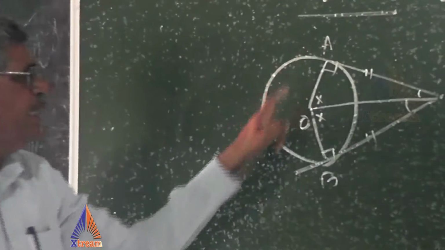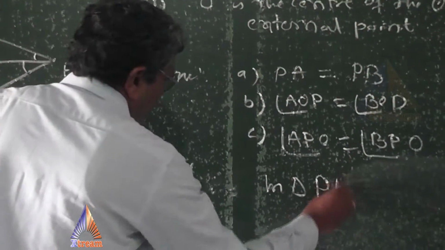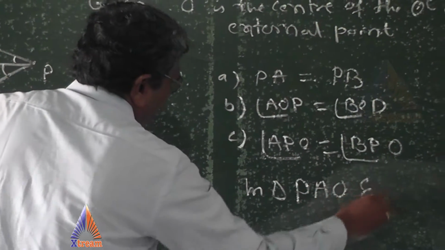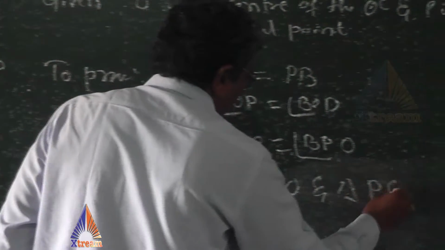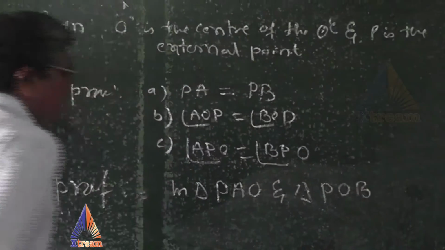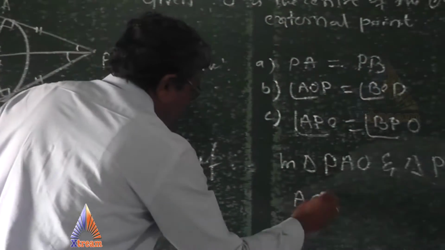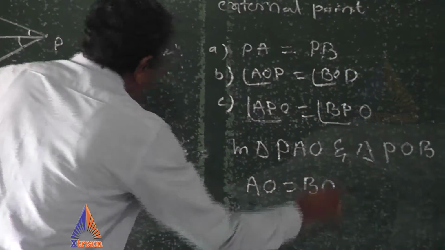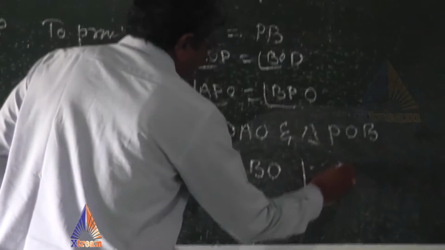In triangle PAO and triangle POB, first, AO is equal to BO, or OA is equal to OB, because they are radii of the same circle.